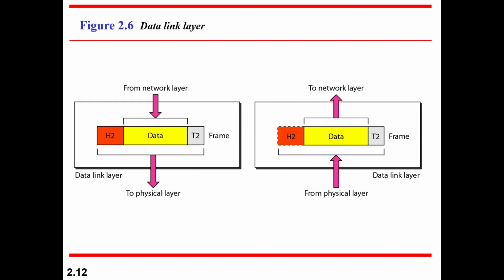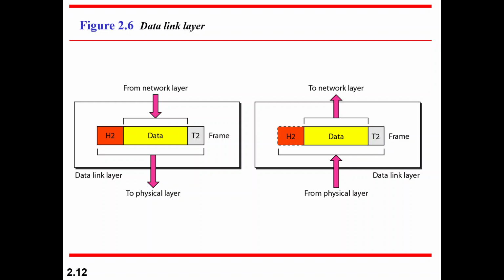So the main responsibility of the data link layer is moving the frames from one hop node to the next. Other responsibilities of the data link layer include the following: framing.